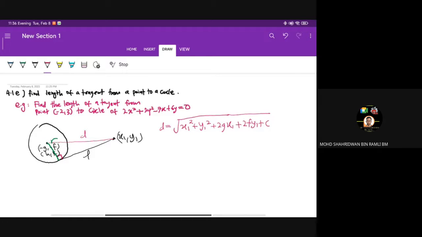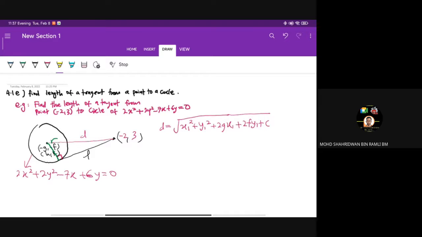When I'm using this example, find the length of a tangent from point (negative 2, 3), so that means x1, y1 here is (negative 2, 3), to a circle of 2x squared plus 2y squared minus 7x plus 6y equals 0.